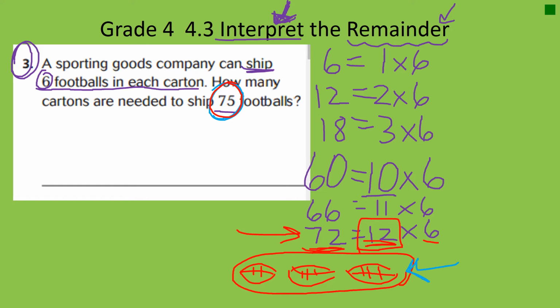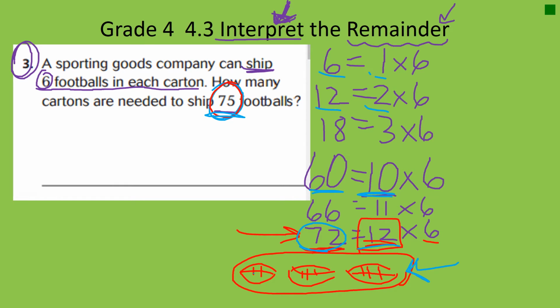So let's just go back to what we did. We started off thinking 6 in 1 carton, 12 in 2 cartons, and we jumped up to 10 cartons because we know 60 can go into 10 cartons, 60 footballs. We counted by 6 and got all the way to 72. That's 12 cartons. But then we were like, oh my gosh, we have 75 footballs.